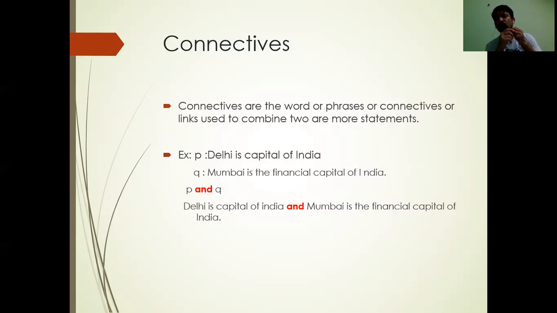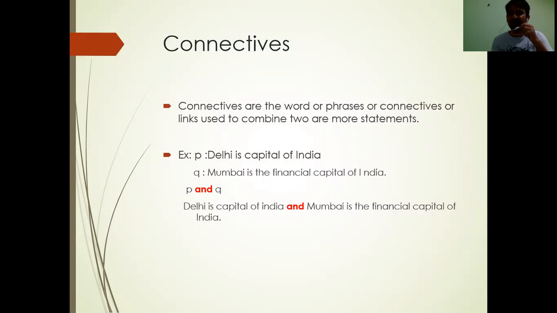For example, if you take two statements, the first statement P: Delhi is the capital of India. And the second statement Q: Mumbai is the financial capital of India. I just want to combine these two statements and write them in one statement or one proposition. So I can use the word and: P and Q. What is P and Q?